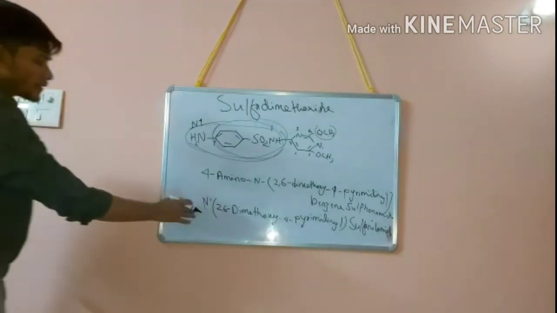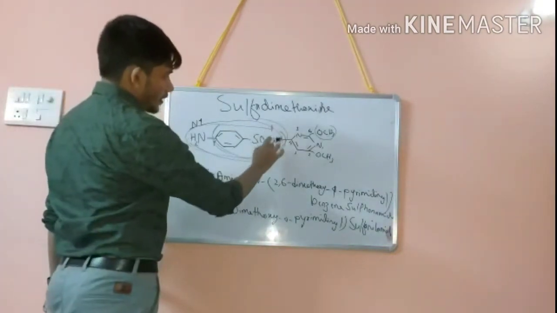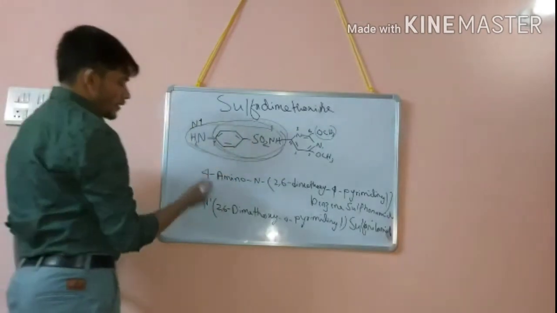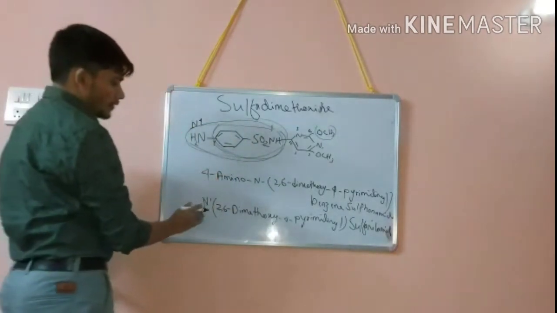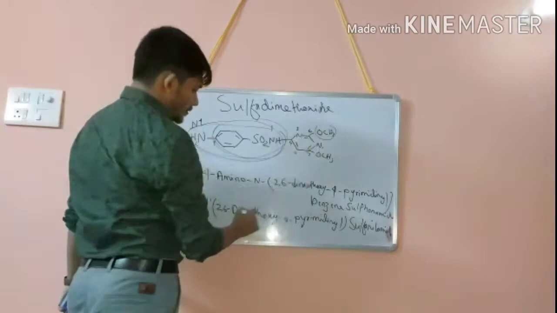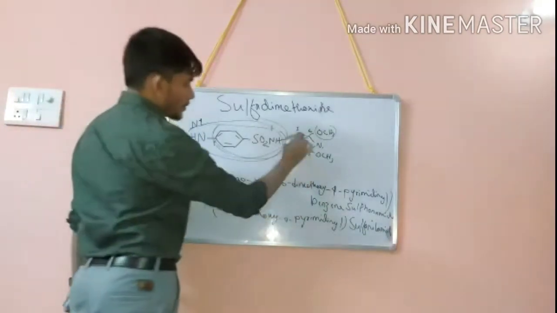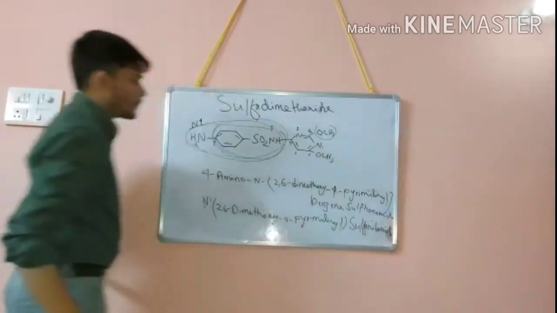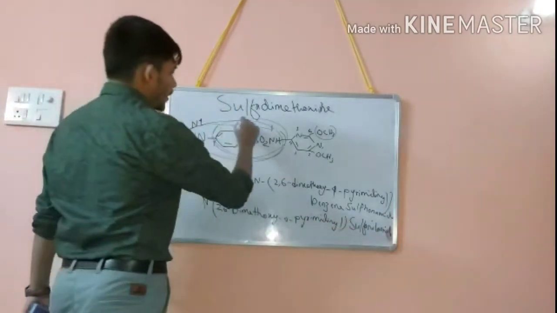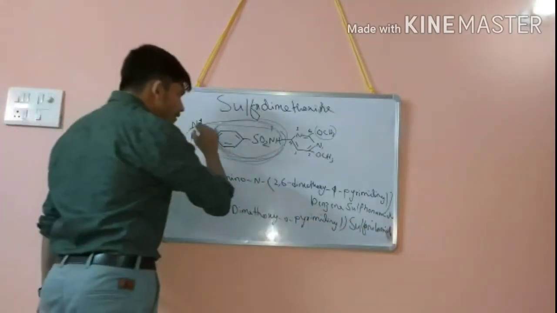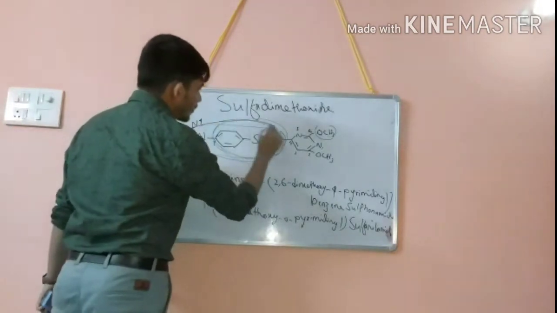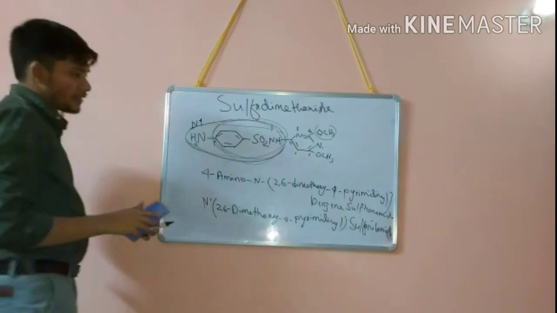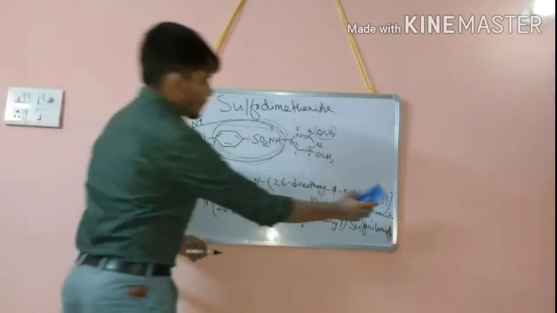And in another nomenclature, N1, it is the first N of this sulfanilamide, then 2,6-dimethoxy 4-pyrimidinil, likewise same structure, then sulfanilamide. So in one name we have ended with this one, and in the other nomenclature we have ended with this one. So these are the two names.